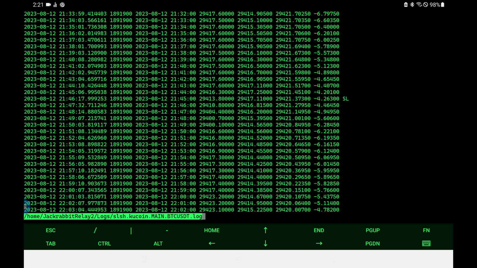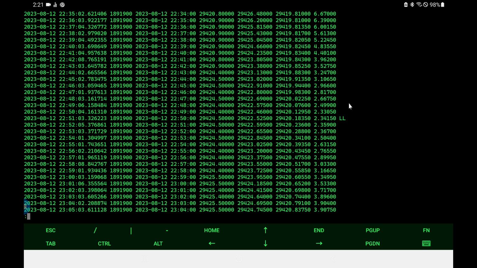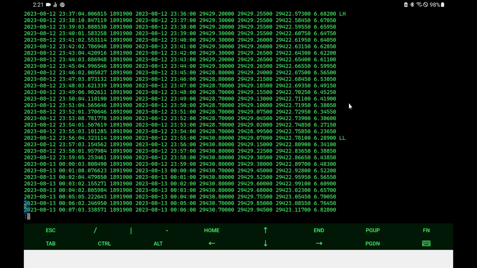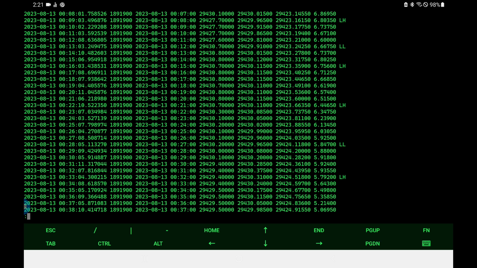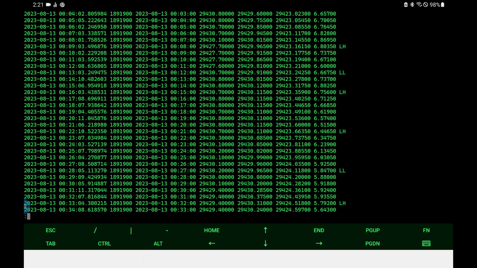So now I have the log entry up right here, and we see we have a short low pattern. That is, the price is below the 200 period moving average. But in order to replicate what we saw on the screen, let's find a long low pattern.